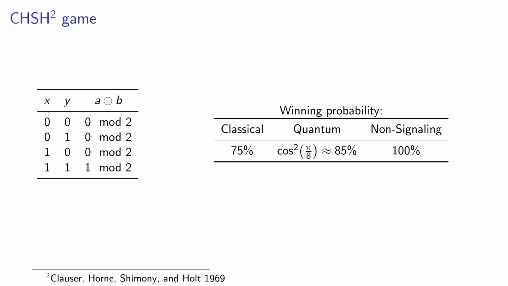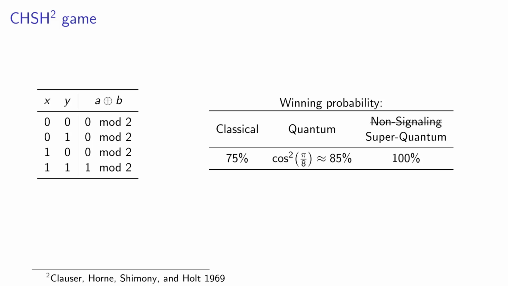But for the purposes of this presentation, it's not important to understand non-signaling, so you can just imagine that this is some sort of superquantum world that is exactly like the quantum computation, except that we have access to a magic box that plays this game perfectly. I'm going to return to this later in the presentation and show how we can actually achieve this for real quantum computers and not just for this superquantum world. But for now, imagine that we are living in this superquantum world.